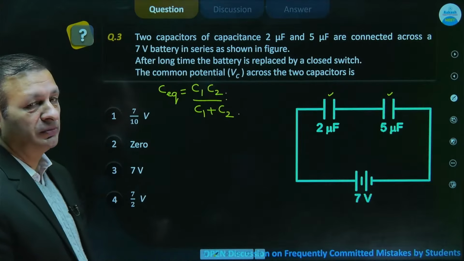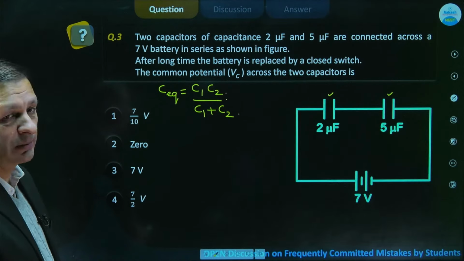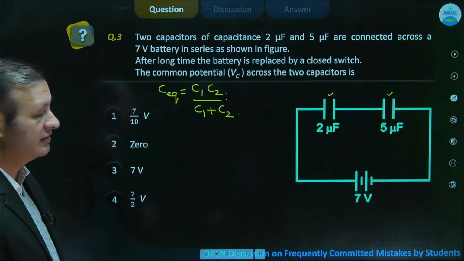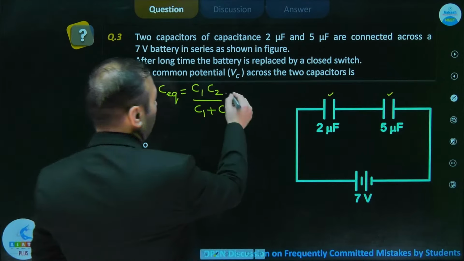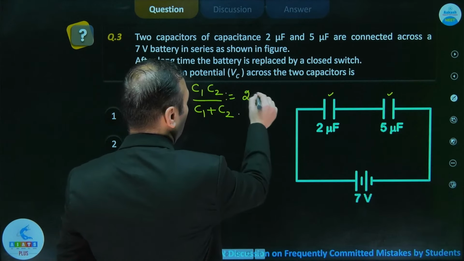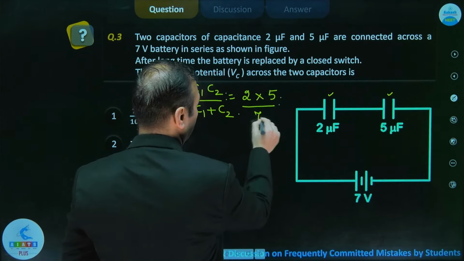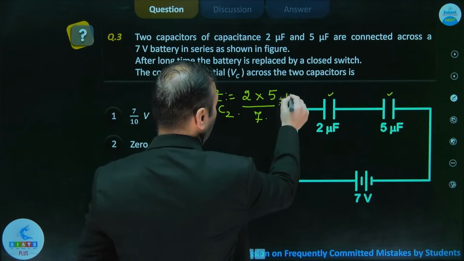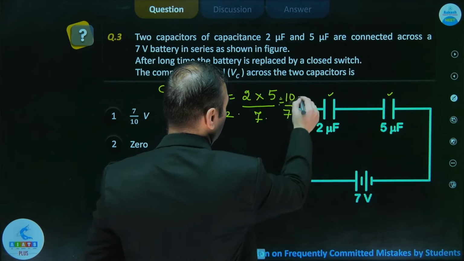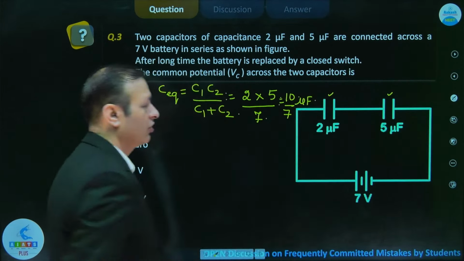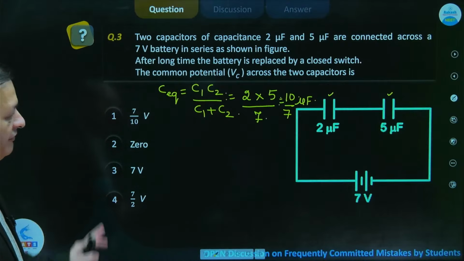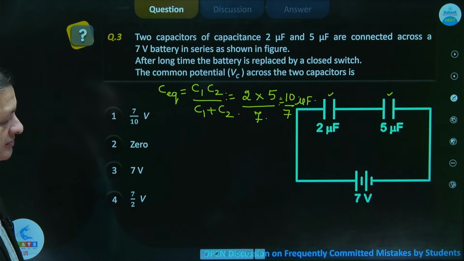So for the series combination, equivalent capacitance would be calculated like this. And what is C1? So this is 2 micro, this is 5 micro, and this is 7. So that becomes 10 by 7 microfarad. Got it? Fine. So this is the equivalent capacitance.